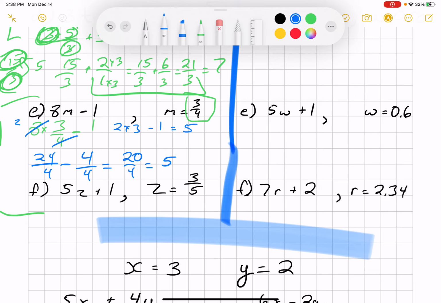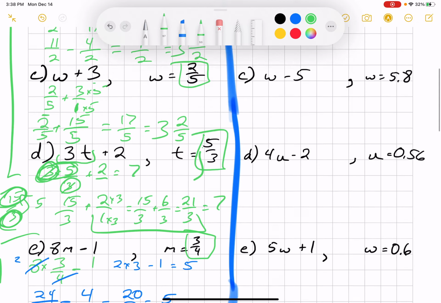So you can see that it comes up with the same answer. All right, so 5 times 3 over 5. Again, I can cancel these out, because I can go 5 divided by 5 times 3. Remember how we used to write those out? So that just equals 1, and 1 times 3 is 3. So I have 3 plus 1 equals 4.